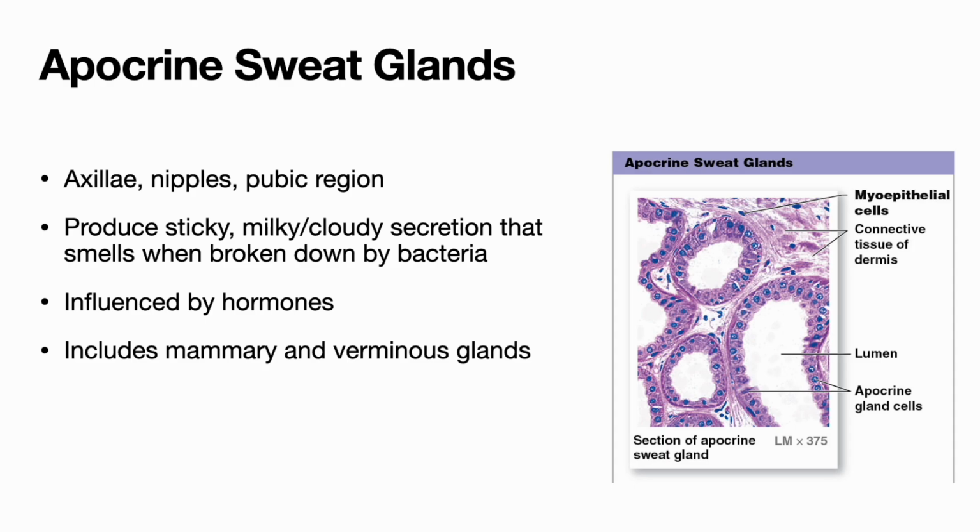What's in the secretion is going to be influenced by the hormones of the individual, and apocrine sweat glands actually also include mammary glands in terms of how they produce and secrete their product.